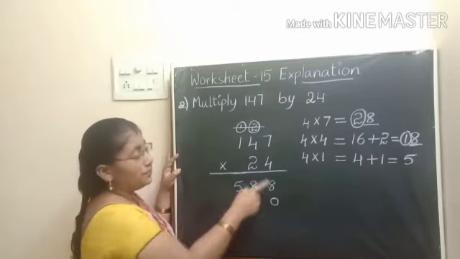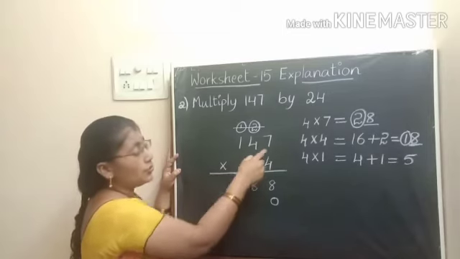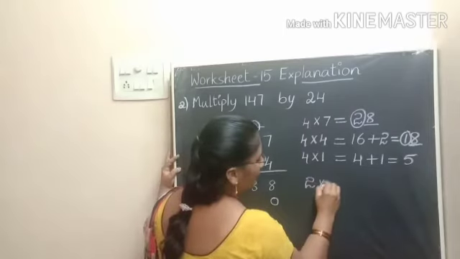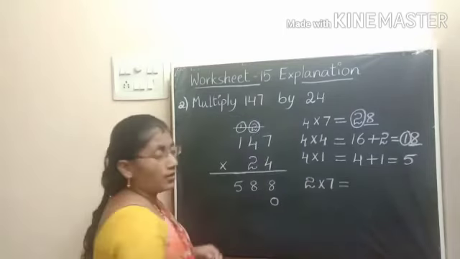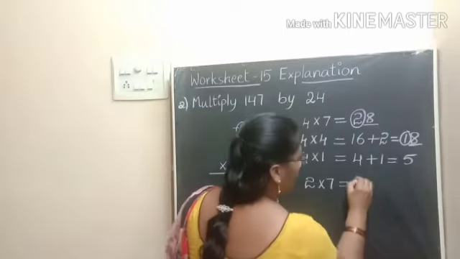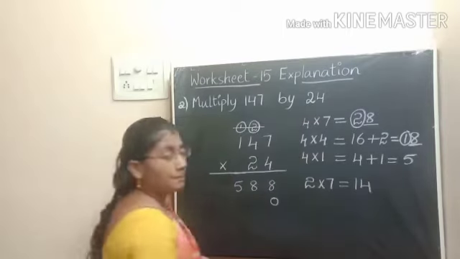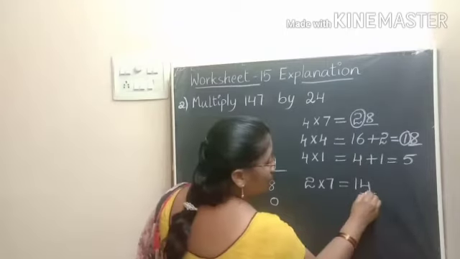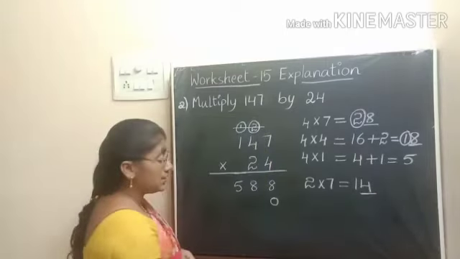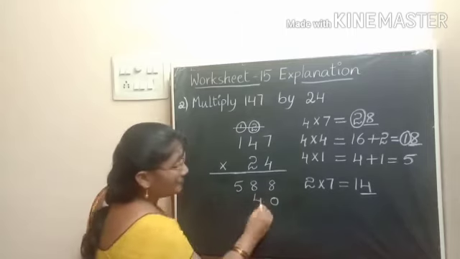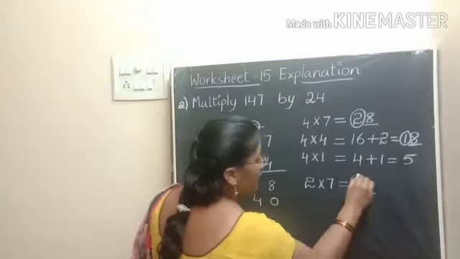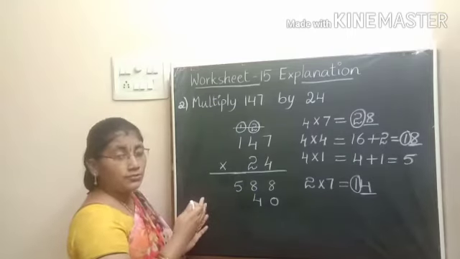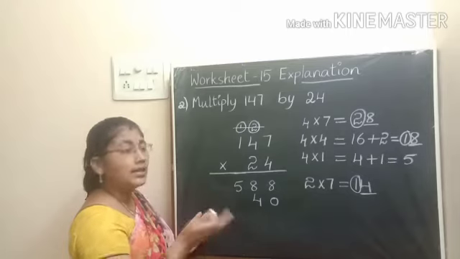First, we should multiply the digit in ones place. So, take 2 into 7. 2 sevens are, how much it is? 2 sevens are 14. But we need only a single digit. So, write the right side digit as a result here and the left side digit 1 we should write as carry in the next place.